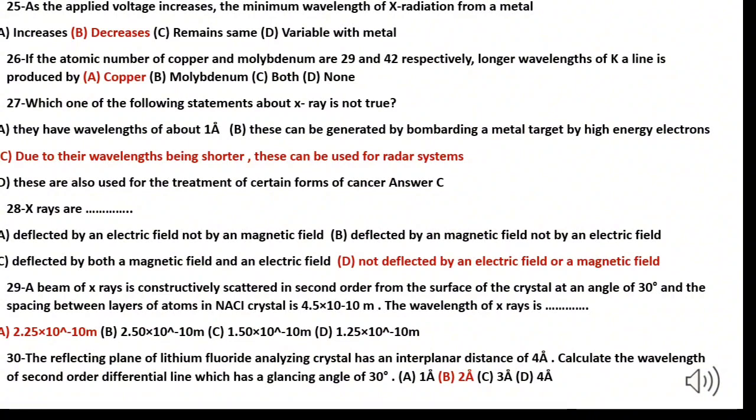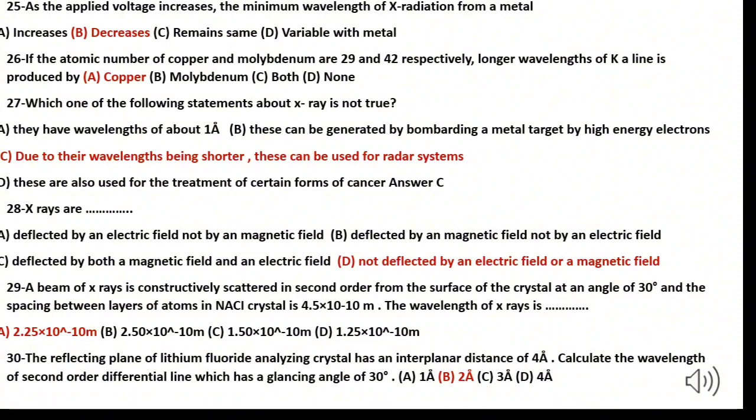Which one of the following statements about X-rays isn't true? The answer, letter C. Due to their shorter wavelength, they can be used for radar systems. 28. X-rays are, the answer, letter D, not affected by an electric field or magnetic field.